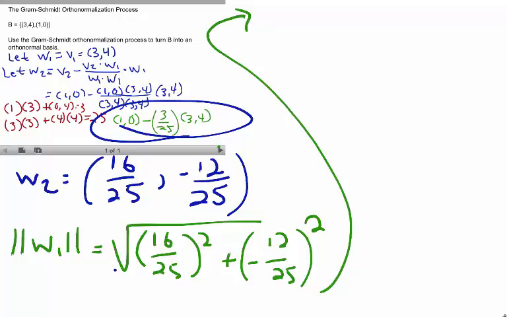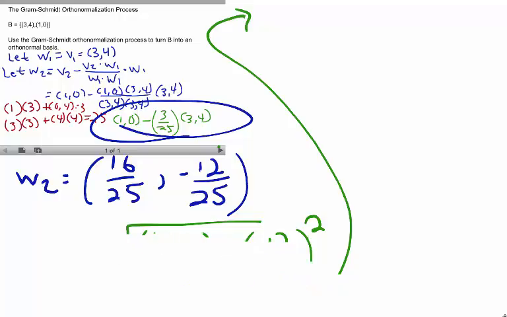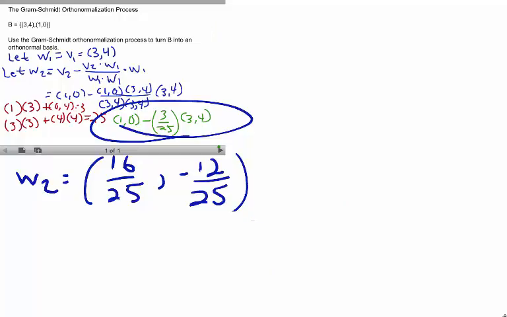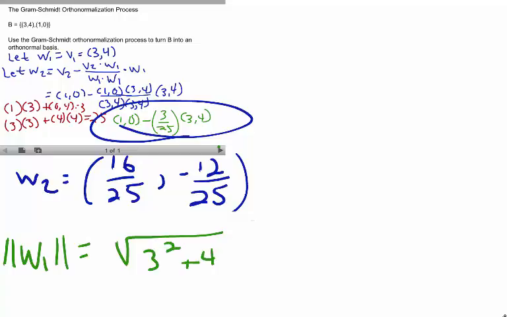This is actually W sub 2. I'm going to erase this and we'll just go back. I would like to start with W sub 1. So, returning here, we have the magnitude of W sub 1, which gives us the square root of 3 squared plus 4 squared. That's equal to the square root of 25, which is of course equal to 5.